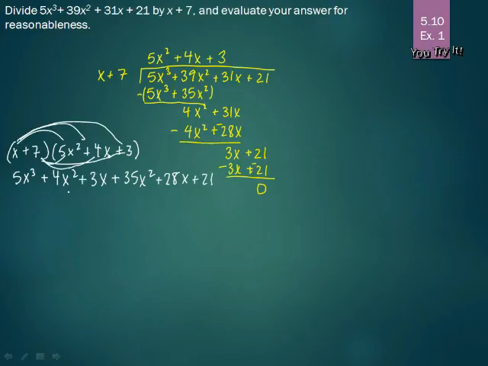Adding together like terms, 4x squared plus 35x squared gives us 39x squared. So we have 5x cubed plus 39x squared, and then 3x plus 28x gives us plus 31x, and we still have plus 21. That matches exactly what we started with, so we are correct, and we can summarize our answer.